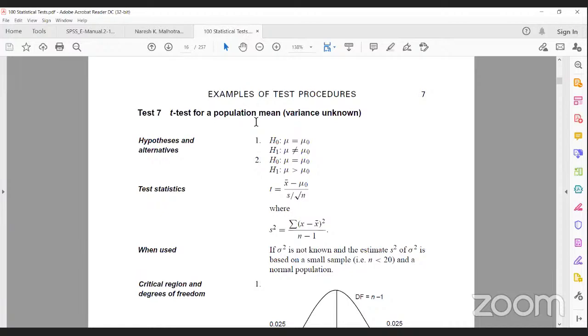One is the t-test for a single mean. When you are discussing any population, you make a cutoff point for it and compare with a specific value. You have a set of observations, and I'll give you an example. The average height of an Indian is 5.5.